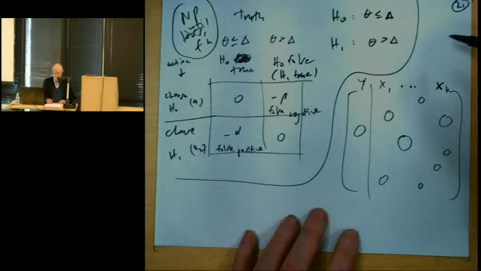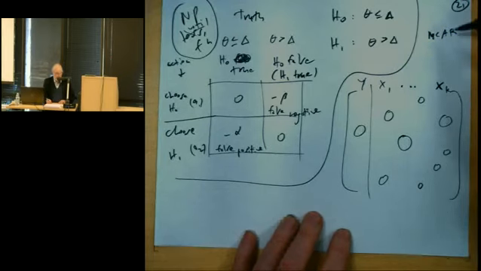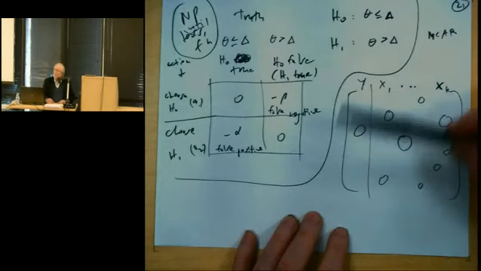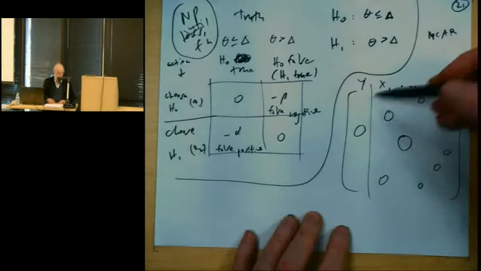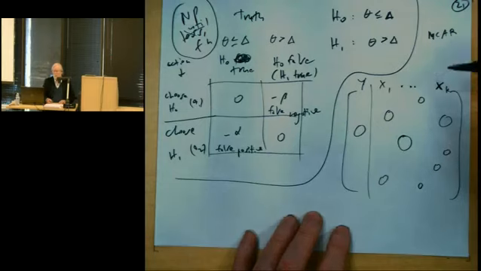And people call that missing completely at random. That's the name that Rubin invented. So if the data are MCAR, so if the data are missing completely at random, then it's okay to toss out all the rows that have at least one hole in them. But it's not very efficient, is it? Because you might have started with a data set with 1,000 rows and end up with a data set that only has 110 rows in it because there's enough missingness there. So that's not very good.